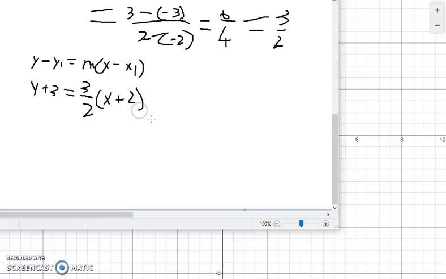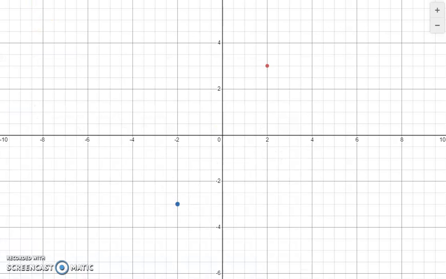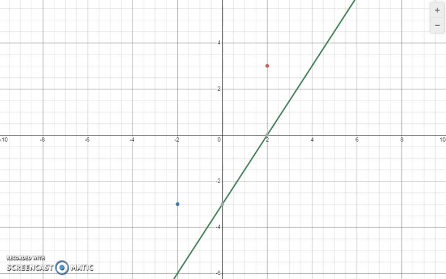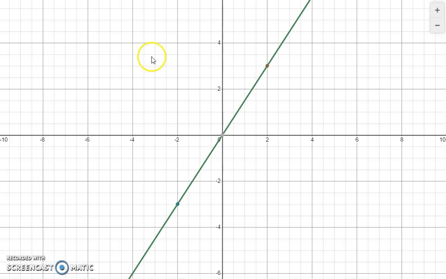And again, for this one, it doesn't matter which point you choose as long as it's on the line, and as long as you keep it consistent. So if I enter that in here, give me a second to do that. There, you see? This green line here is connecting these 2 points, and that's how it goes.